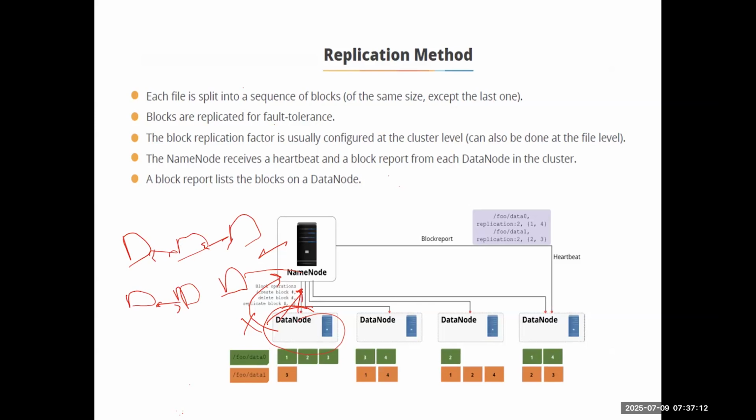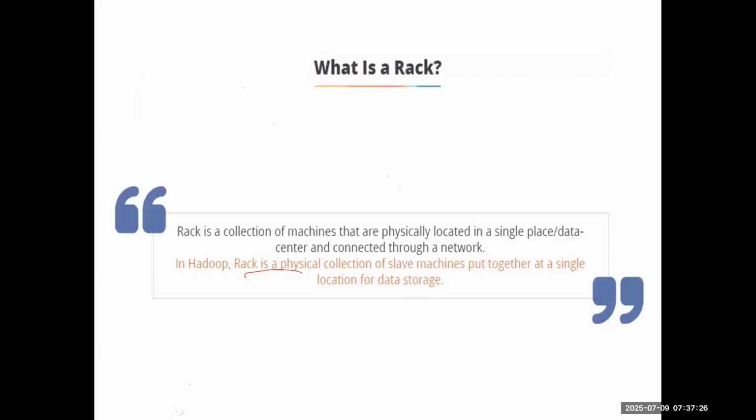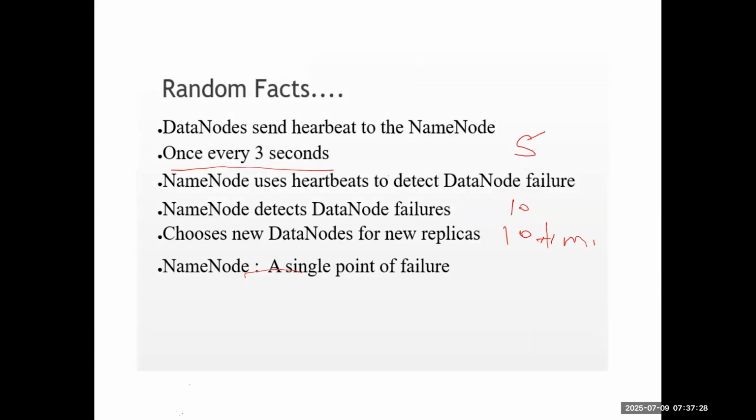We have multiple nodes, and all of them are connected through the network. Maybe something happened with the network, and because of the delay, this node is not down but is not able to send the heartbeat. That's why we assign some time. If you don't get any heartbeat from the node in the interval of 10 minutes, or maybe 5 minutes, you just declare it as dead. You got me? Yeah.